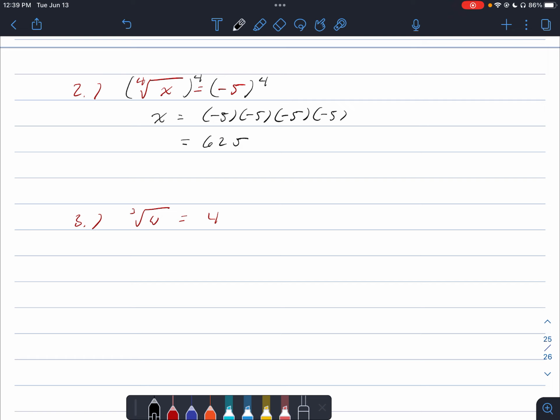But the fourth root of 625 is actually going to give us just a positive 5, which is not negative 5. So therefore, we have no solution.